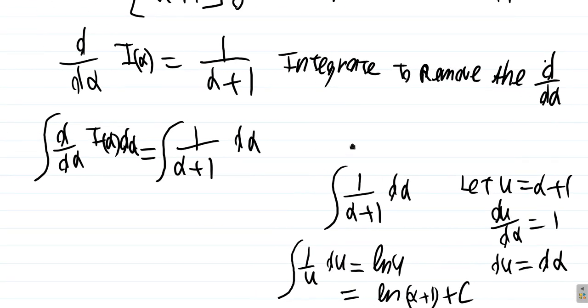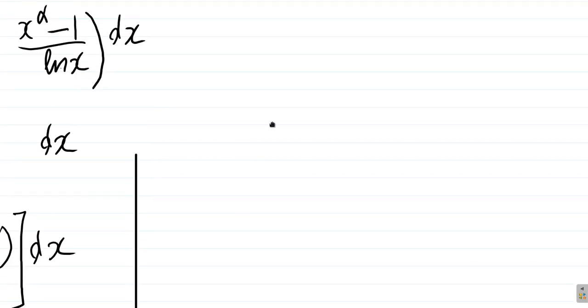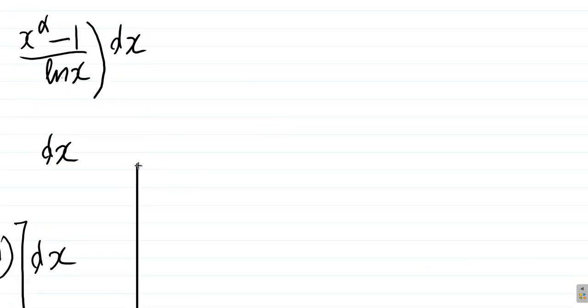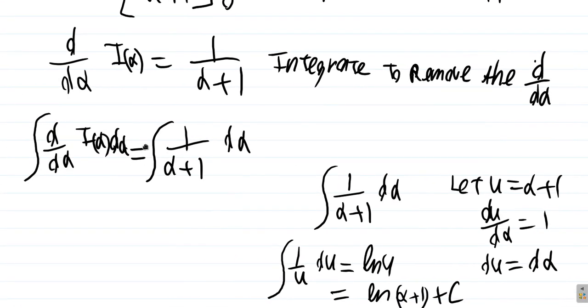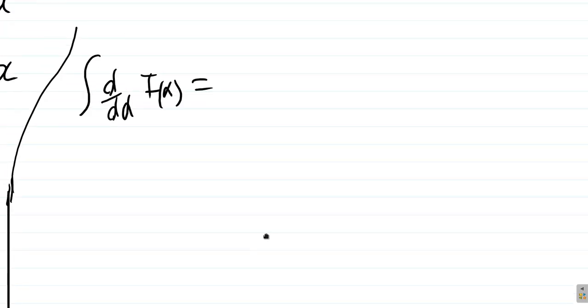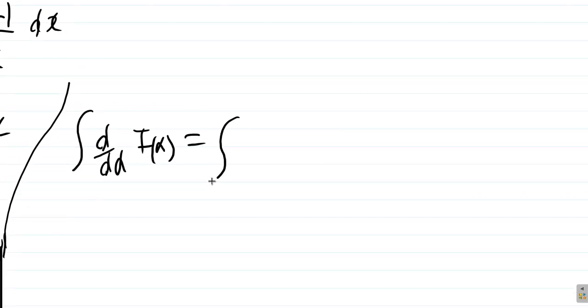Alright, so here we have the integral of d by d alpha of I of alpha, let me just rewrite it, is equal to the integral of 1 over alpha plus 1 d alpha.